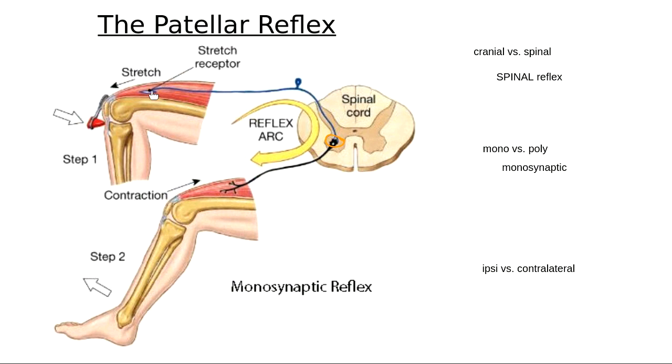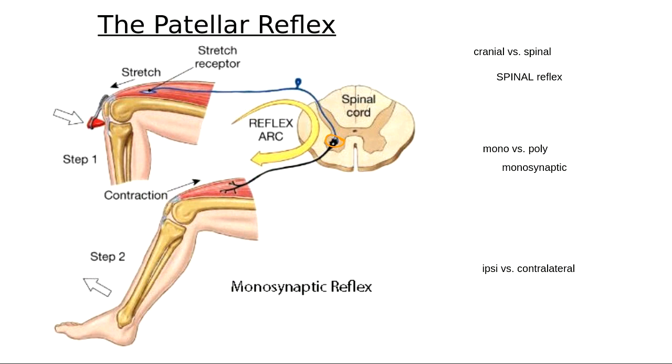I have the place where I send out my directions down here, but I do not have another place where information is exchanged. This is an example of a monosynaptic reflex because I only have one place where neurons talk to each other. Hey, let's remind ourselves, if I am a monosynaptic reflex, which functional classification of neuron do I not have?